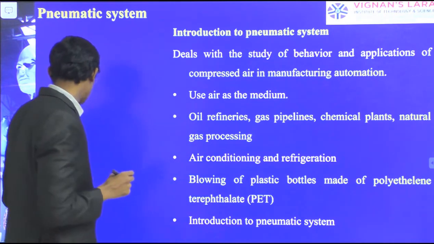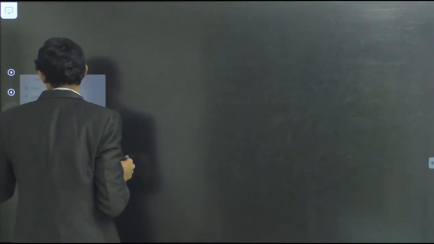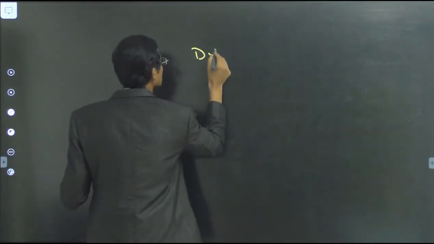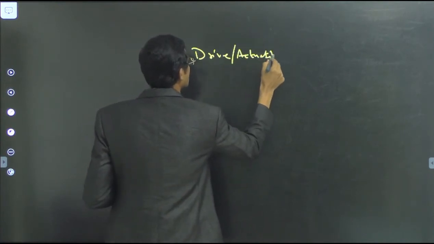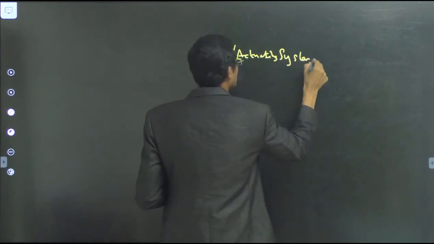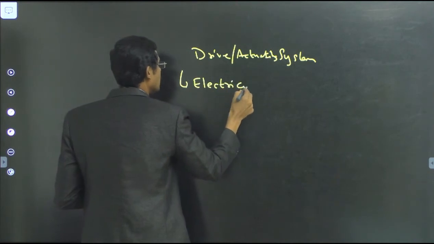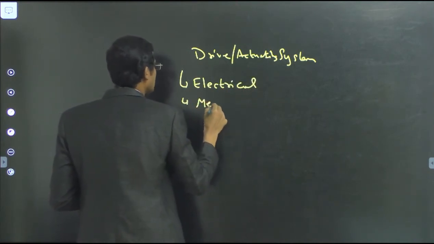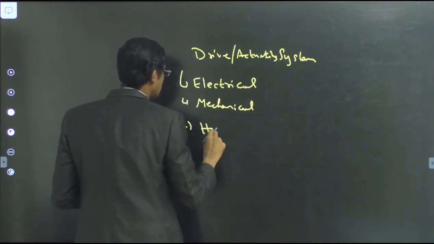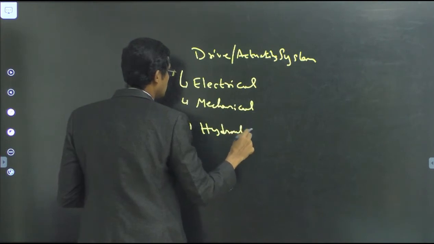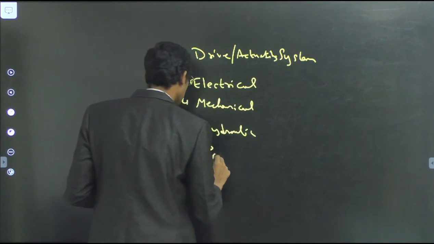We have seen in previous classes that in the actuating drive mechanisms, drive or actuating systems, we have divided into electrical actuating, mechanical actuating, then hydraulic actuating, and now we are dividing into the pneumatic actuating systems.